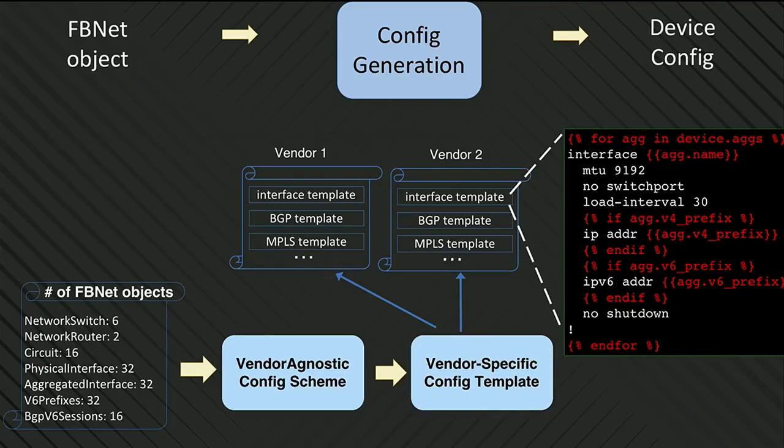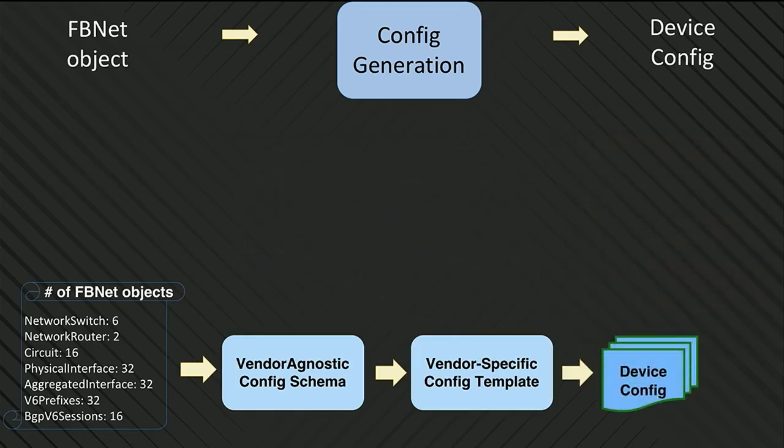We capture static content as plain text, and then dynamic variables and control flow using the template syntax. So based on this template, we can generate massive vendor-specific device configs and push them to devices.